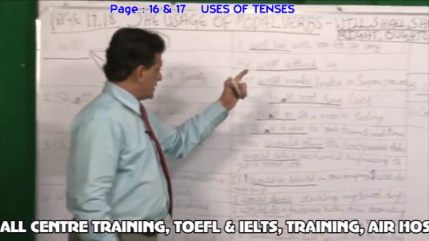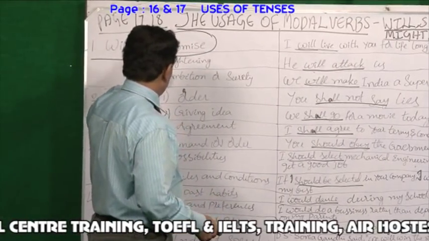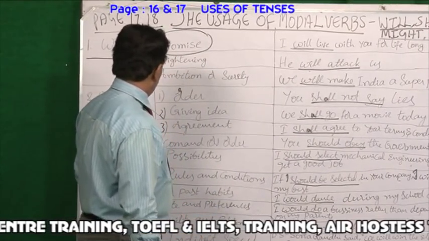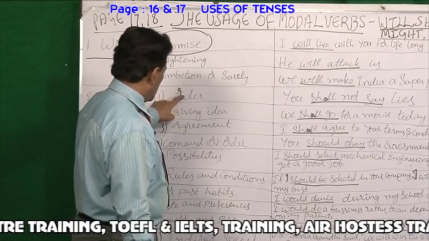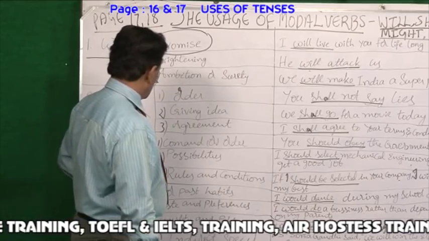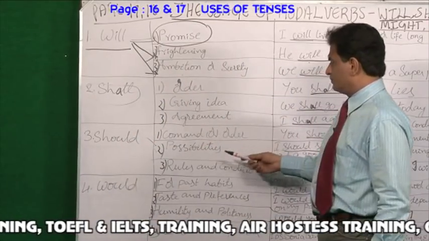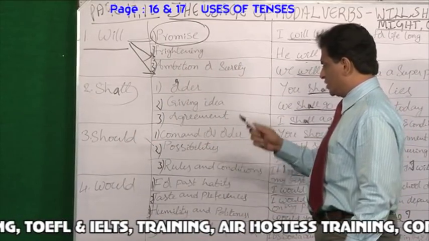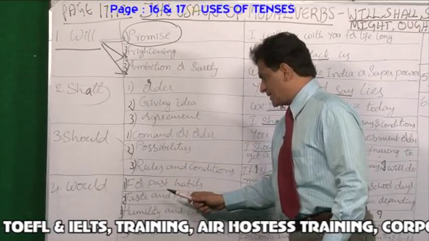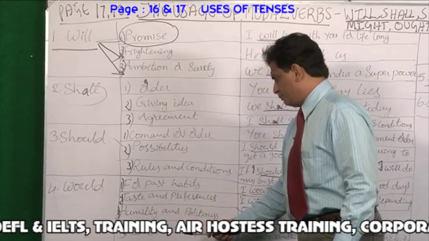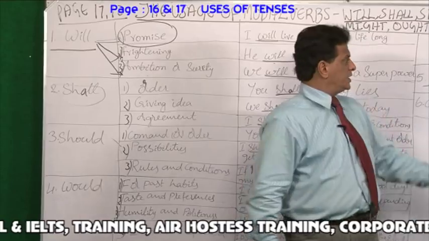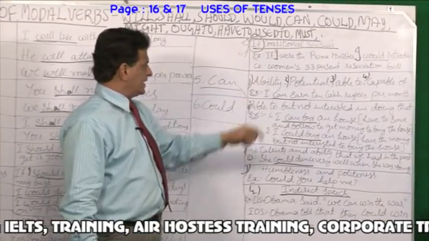So hope you are able to understand. Will is used in three places: promise, frightening, ambition or surety. Shall is used for order, giving idea and agreement. Should is used for command or order, possibility, rules and conditions. Would is used for past habits, taste and preference, humility and politeness and indirect speech, and for if conditional sentences.